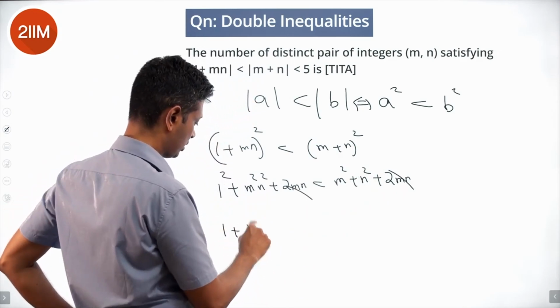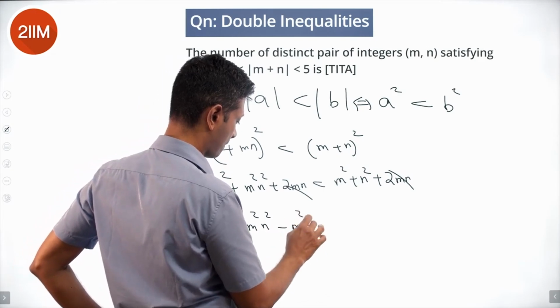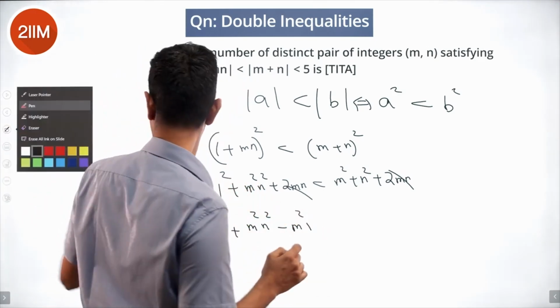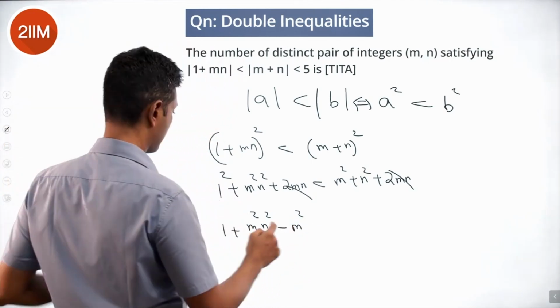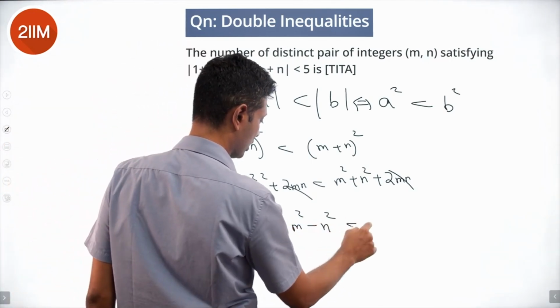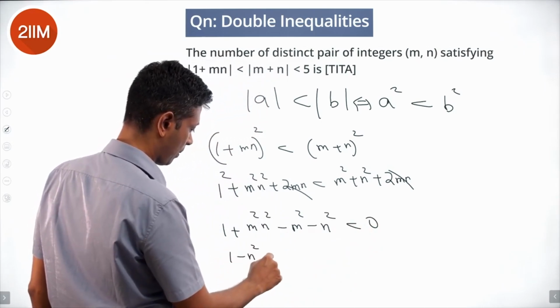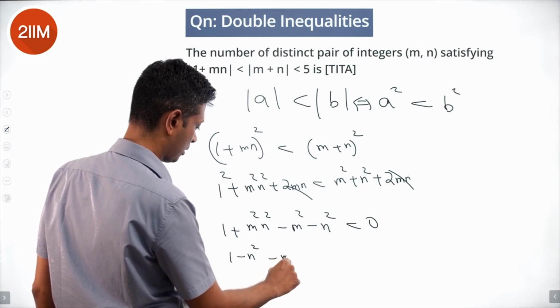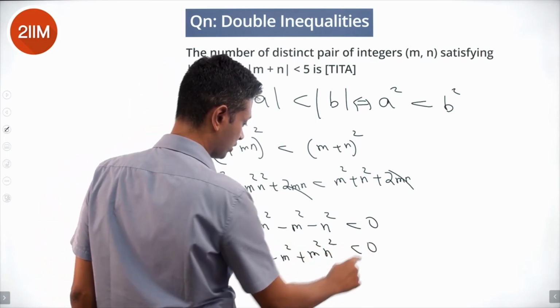1 plus m square n square minus m square minus n square is less than 0, or 1 minus n square minus m square plus m square n square is less than 0.